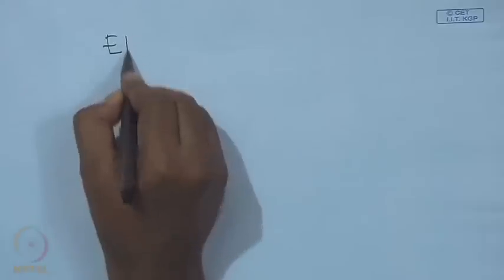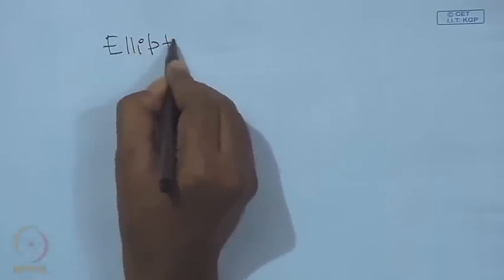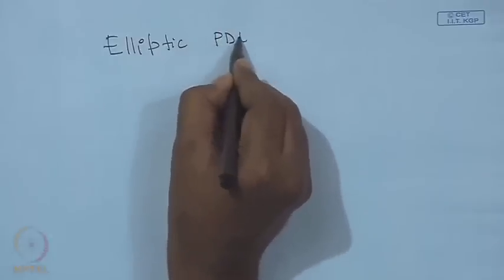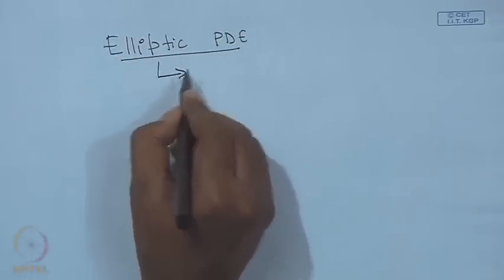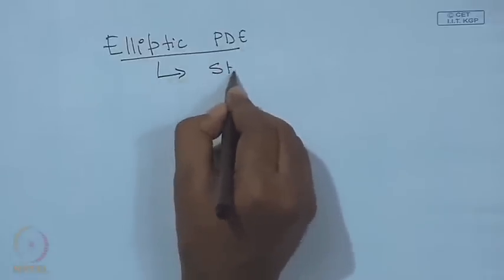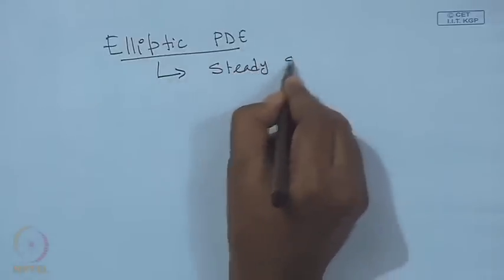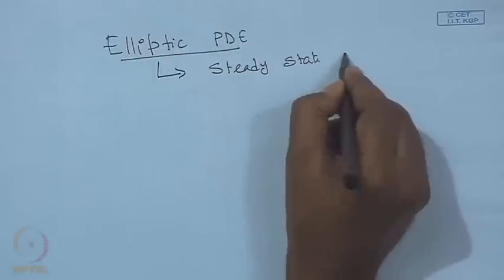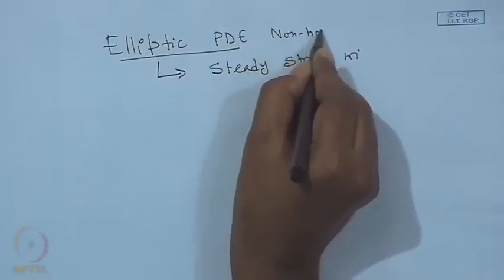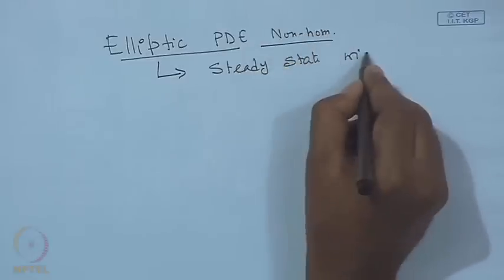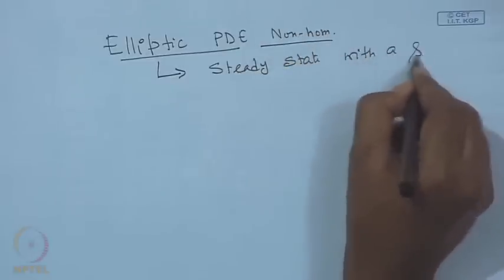Next, we will be taking up an elliptic partial differential equation. As we have told earlier, this type of equation will be occurring in a steady state chemical engineering process with a source or sink.